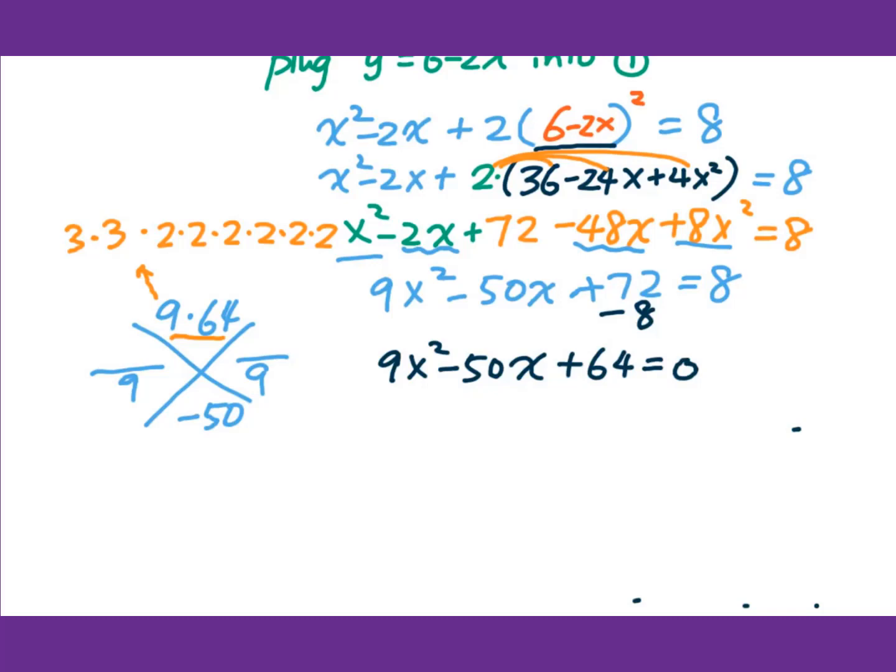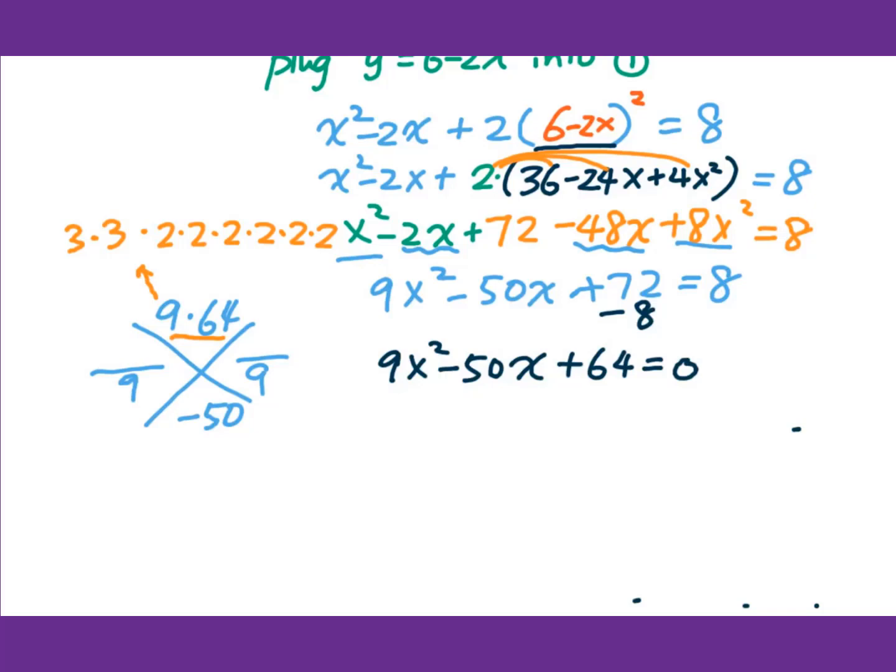You can try 3 times 8, that's 24, then 3 times 8, that's 24, plus 24 doesn't work. Now you can check 3 times 16, 48. It still doesn't work.